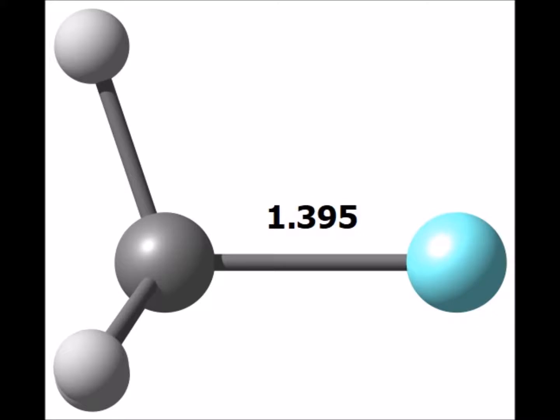We have calculated the molecular properties of a series of halomethanes. For fluoromethane, the fluorine atom is shown in light blue, and the carbon-fluorine bond has a length of 1.395 angstroms.